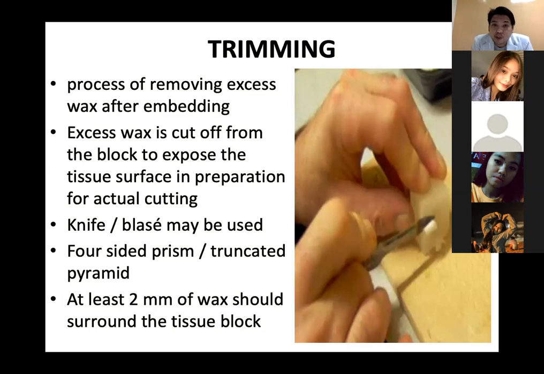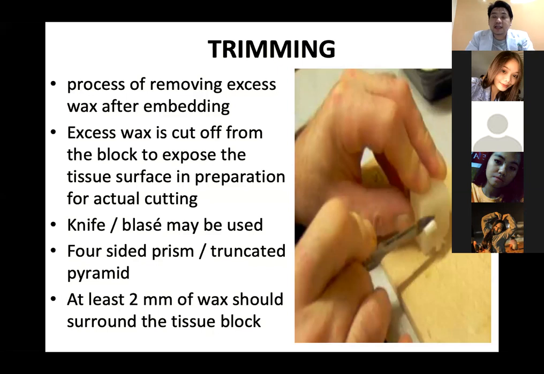So what is the purpose of trimming? We have two. First one, class, is to expose the tissues. During embedding, in the process of orientation, you place the specimen at the center on the base of the mold.